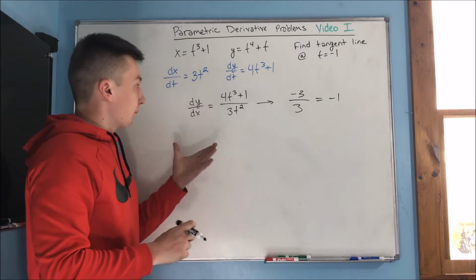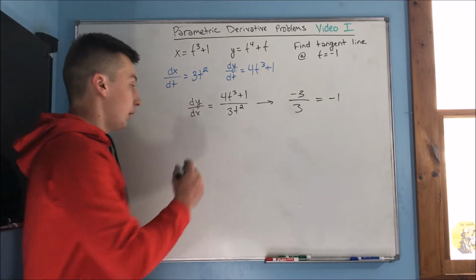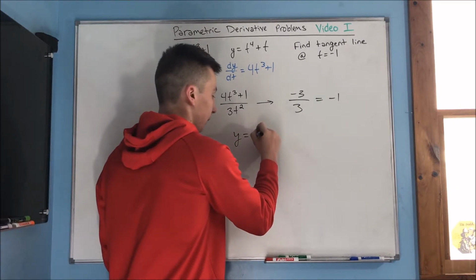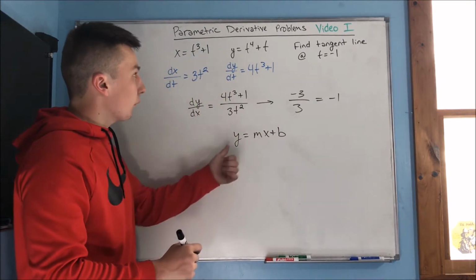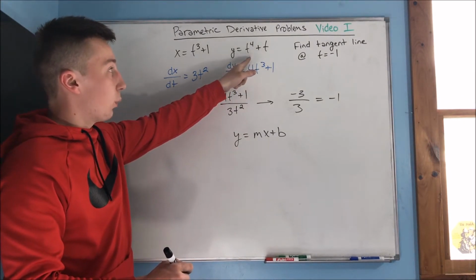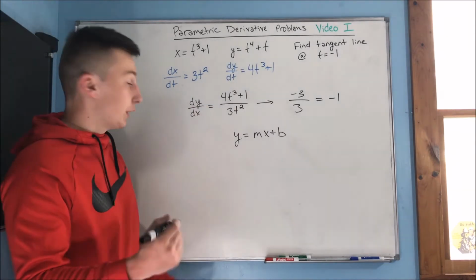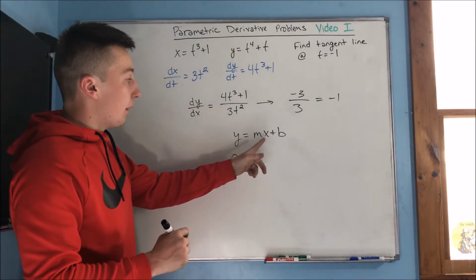Alright, now we can just try to find our tangent line, right? Using y equals mx plus b. Well, what's our y? Our y is going to be (-1) to the 4th, which is just 1, minus 1, which is 0. So 0 equals m times x, right?